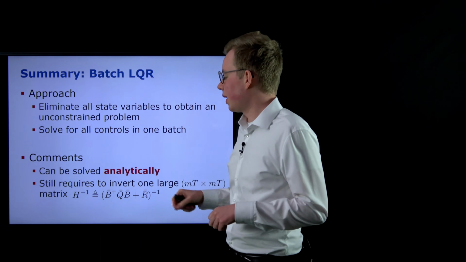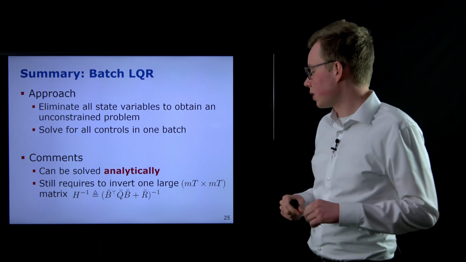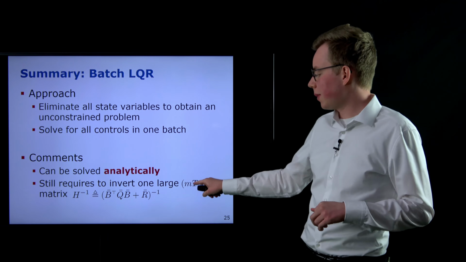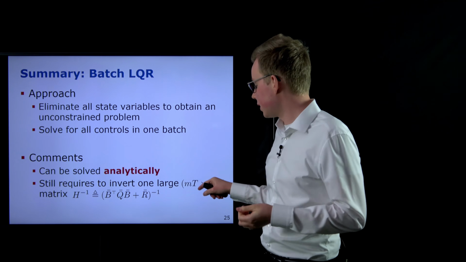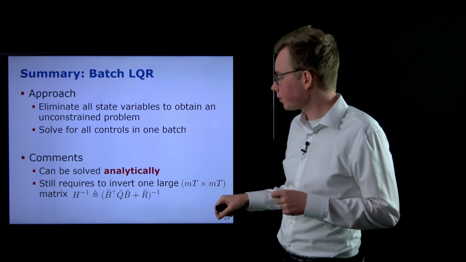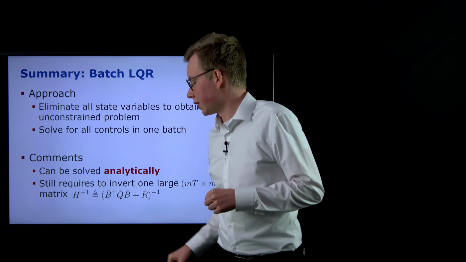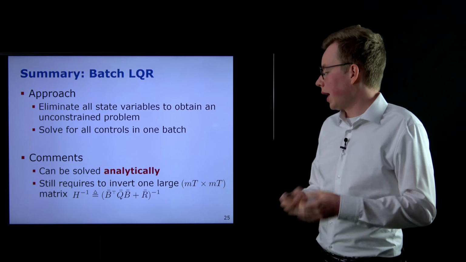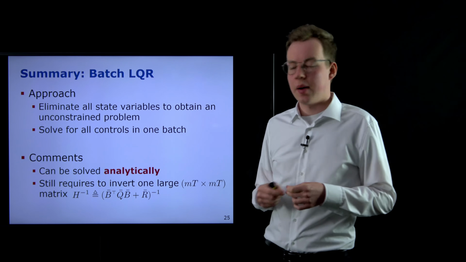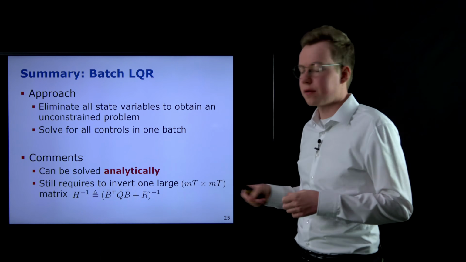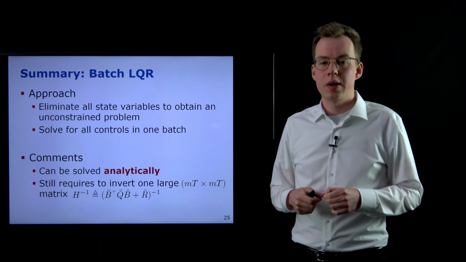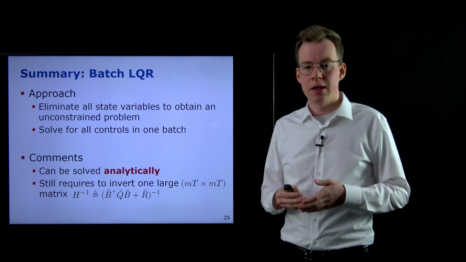But still, this requires us to invert this rather large matrix H, which has the dimensions mT times mT, where m is the number of controls and T is the number of time steps in our planning horizon. This dependence on the time horizon is a bit problematic, because if we have a lot of time steps into the future, then computing this inverse may be quite expensive. And so the question is, can we do better?